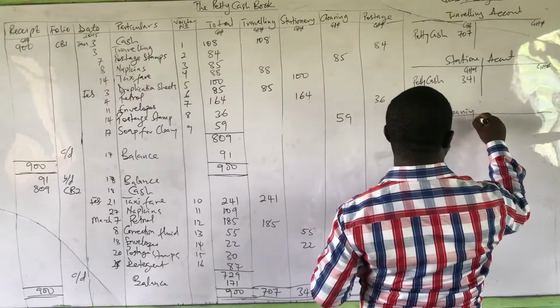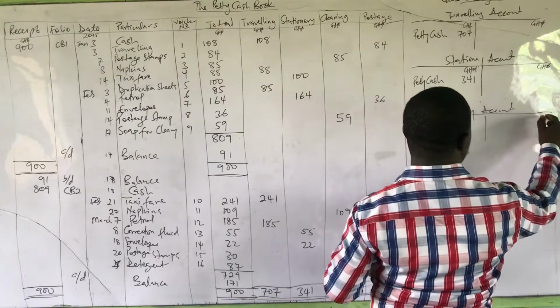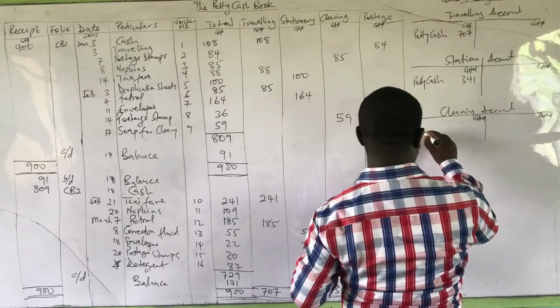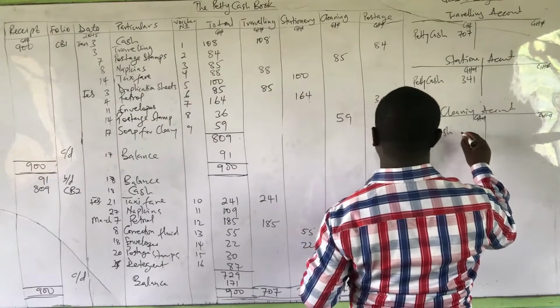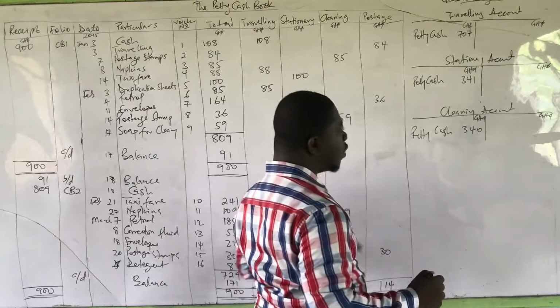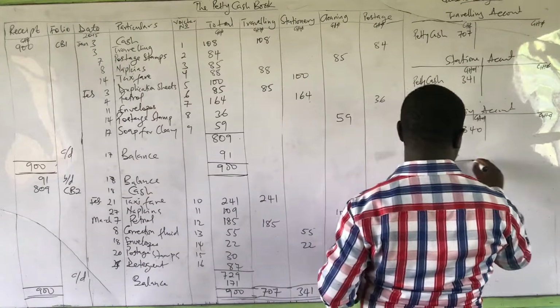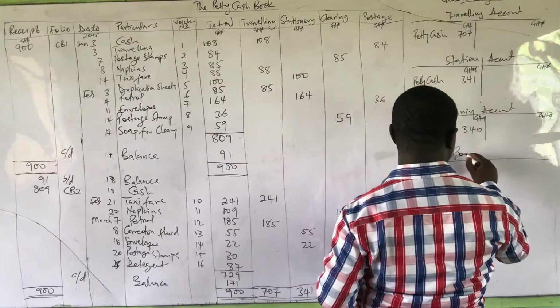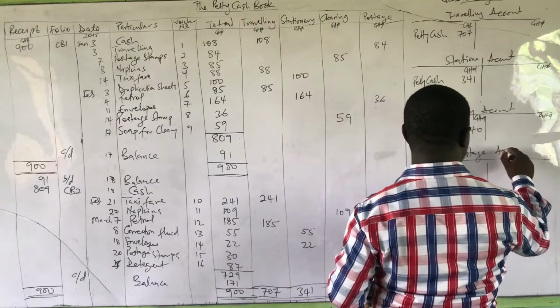The posting, cleaning account. I'm just showing the extracts. So that's also on the debit side, I call it petty cash. And the total for cleaning is 340. And then we'll be done with that. And then finally, I'll show for postage. So postage account.